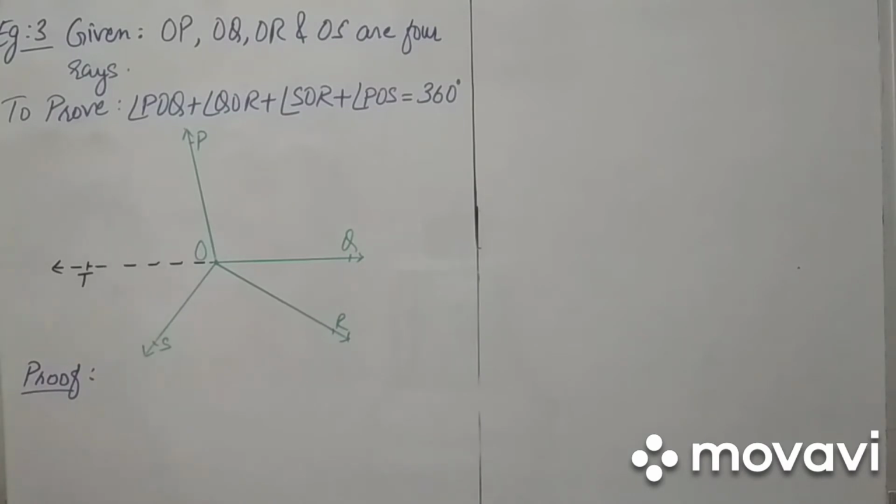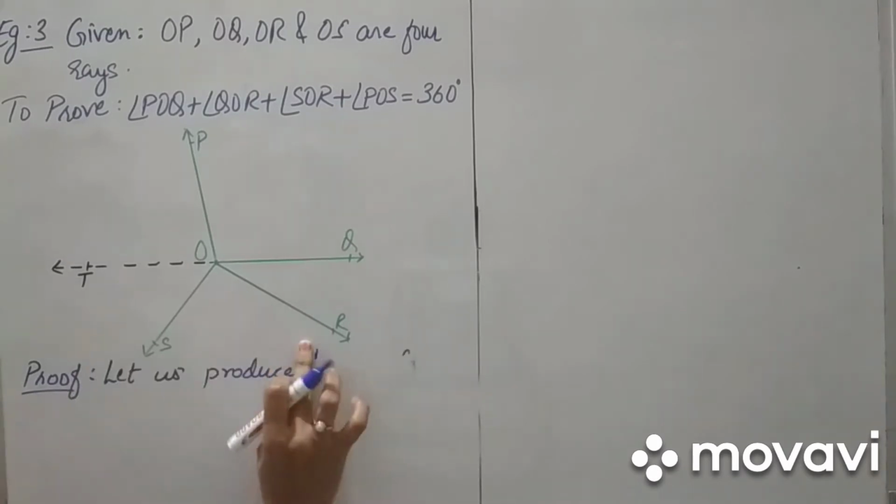Produce means we are extending a ray which is not given in the figure. For our solution, the ray or line which we draw that is not given in the figure, we always draw with dotted lines. Okay. Now, so what will we write in the proof.